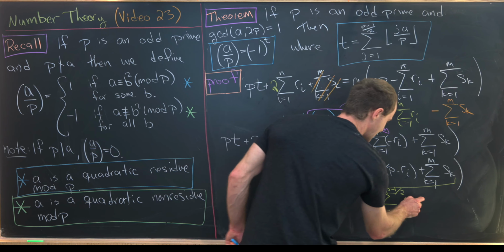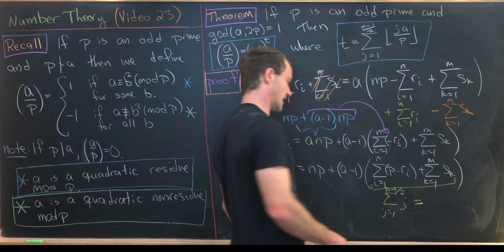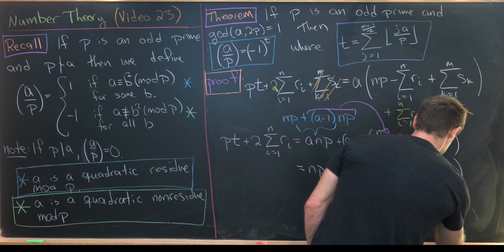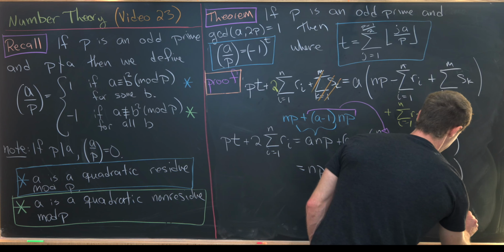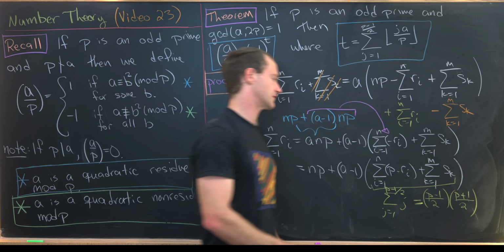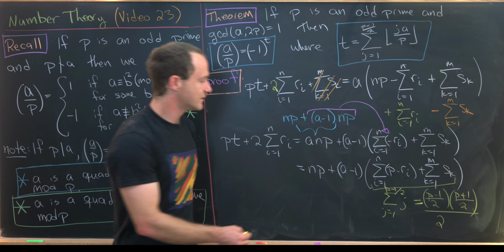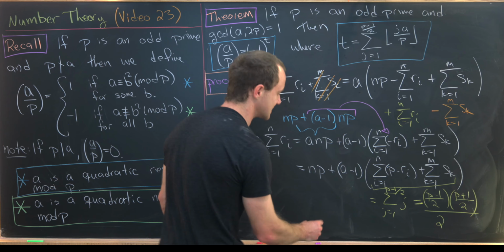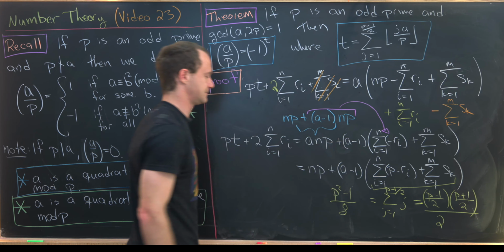Okay, but like I said, that's a triangular number, and there's a standard formula for a triangular number. That's going to give us p minus 1 over 2 times p minus 1 over 2 plus 1, which is p plus 1 over 2, all over 2. But notice that simplifies pretty easily to p squared minus 1 over 8.